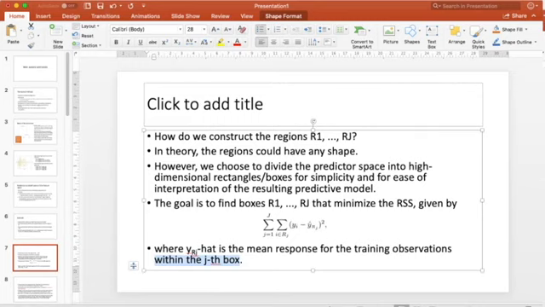But in the decision tree, it's more like the predicted mean value of y. Okay, so we try to minimize the difference between the actual value of y and the mean of y in that particular region. We want to find a region where the observations are more similar to each other. So this is the basis of constructing the regions in a tree.